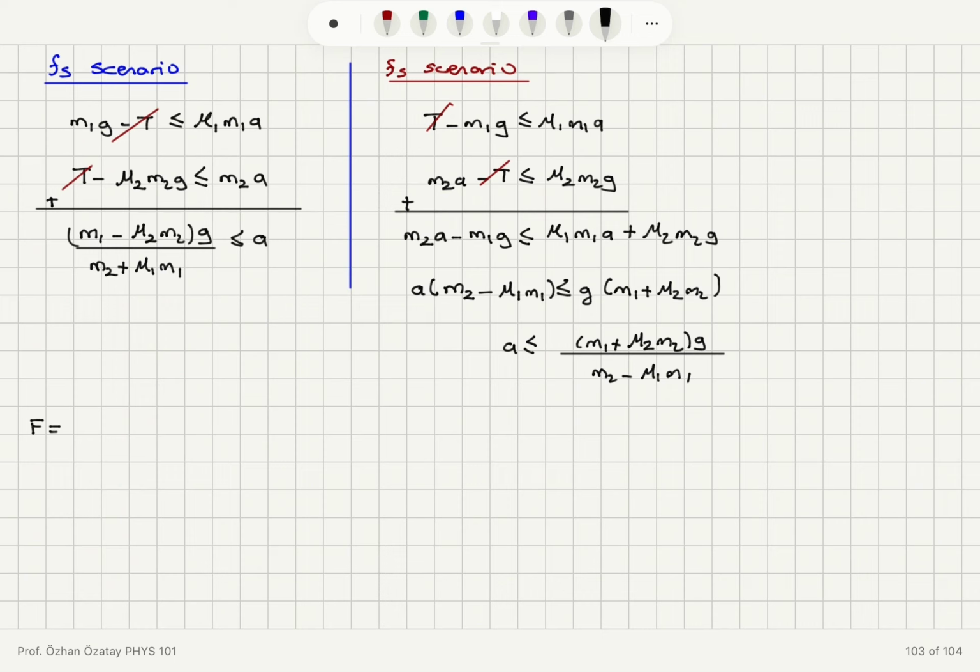Now I remind you that the force F is equal to capital M plus M1 plus M2, times A. So this gives me the range of values for the force.